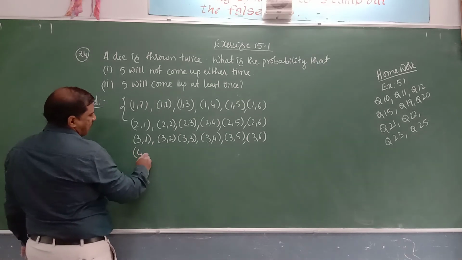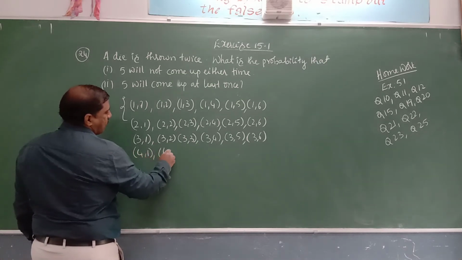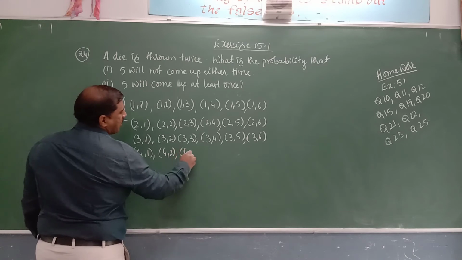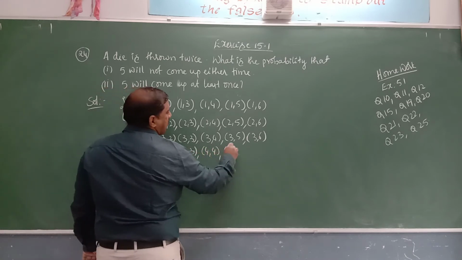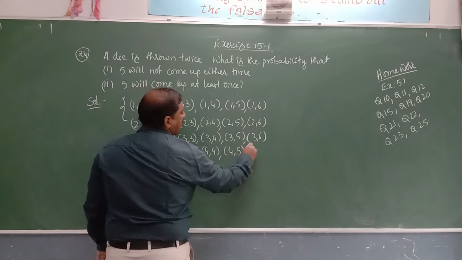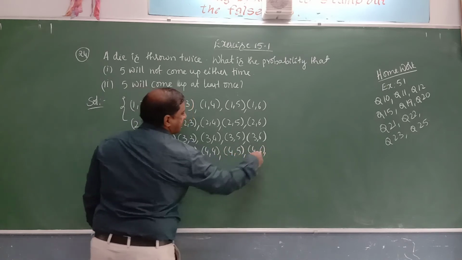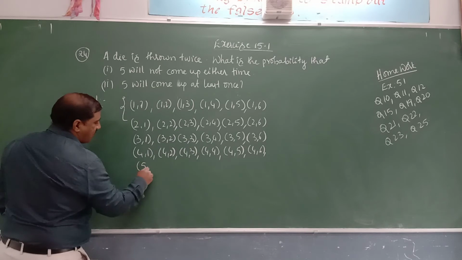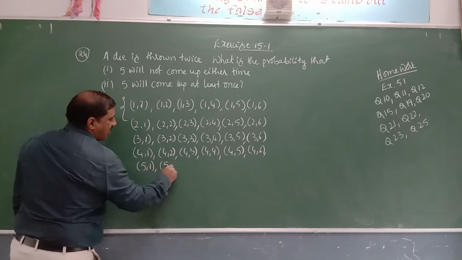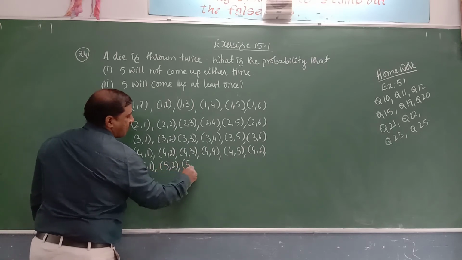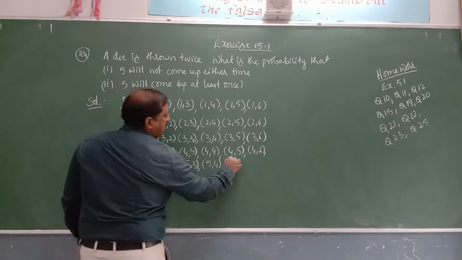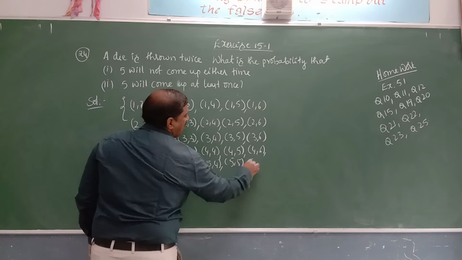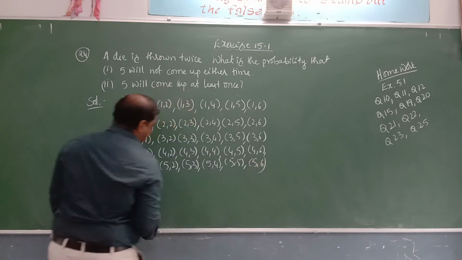With 4: 4 comma 1, 4 comma 2, 4 comma 3, 4 comma 4, 4 comma 5 and 4 comma 6. Similarly 5 comma 1 up to 5 comma 6.